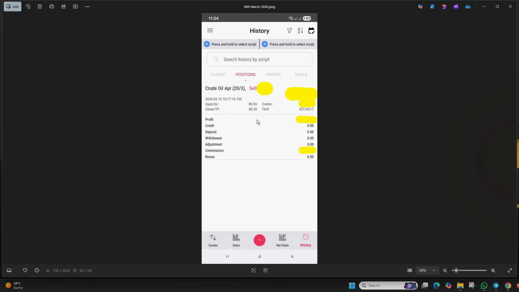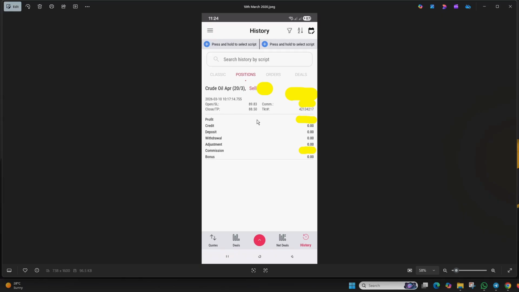So if it even moves 10 cents, it will be a 10,000 rupees profit or loss for you, and if it moves $1, it will be a 1 lakh rupees profit or loss for you. So if you are new to trading, start with Indian crude oil.